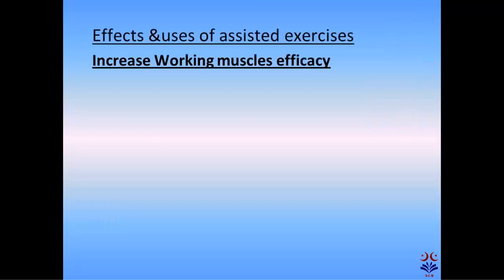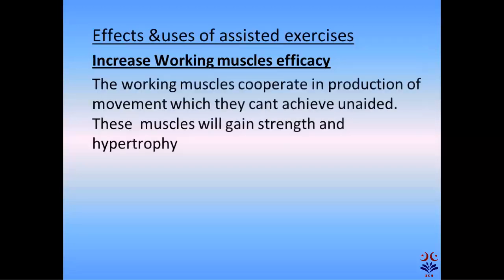Now we will discuss the effects and uses of the assisted exercises. Active assisted exercise increases the working muscle efficiency. The working muscles cooperate in the production of movement which they cannot achieve unaided.